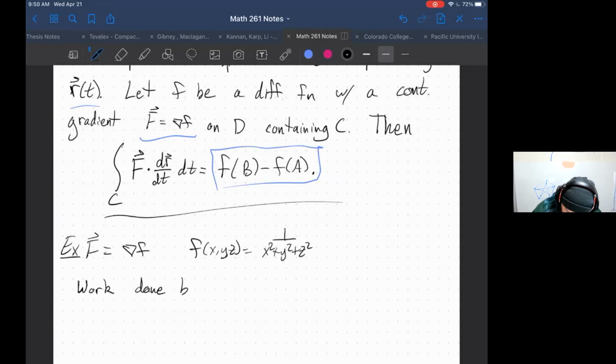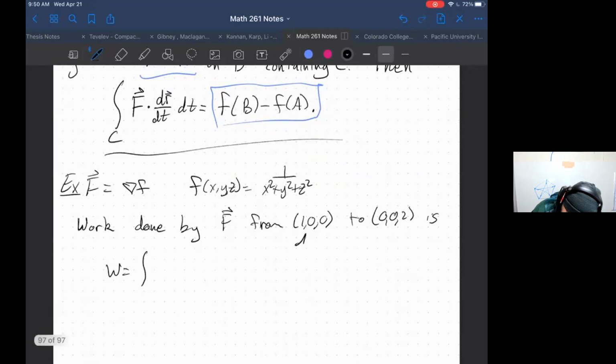Then the work done by F from (1,0,0) to (0,0,2) is an integral, again, we'll say a to b, of our vector field dotted with dr dt.